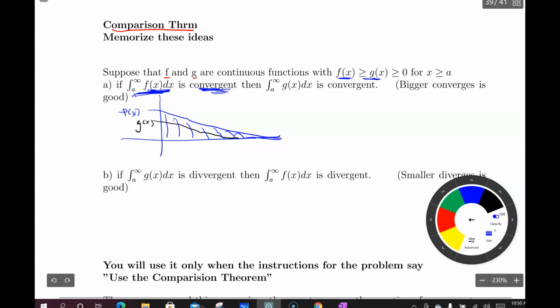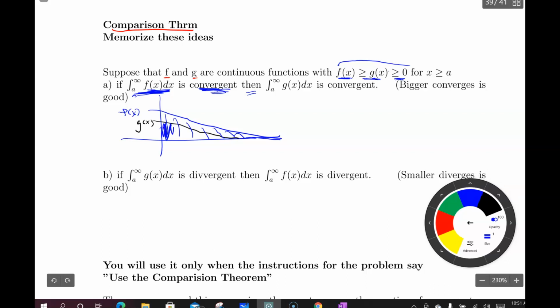Then, given this relationship between the two, and I did forget to say these have to be positive, the area of the black g of x that's below it won't it be convergent as well? Yes. So if the bigger converges, that means the smaller will converge. So the larger converging is a good thing.